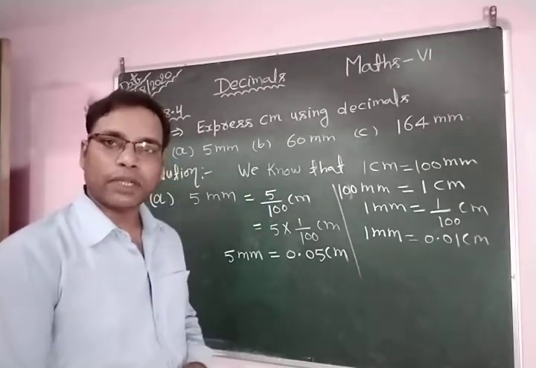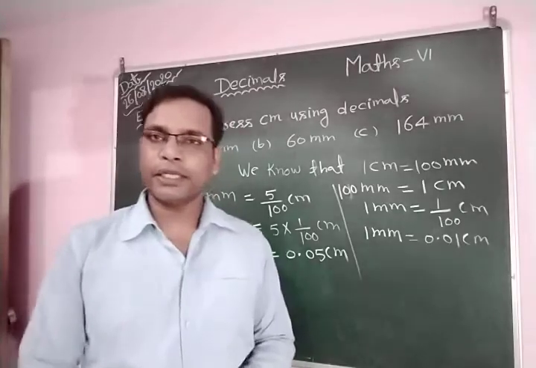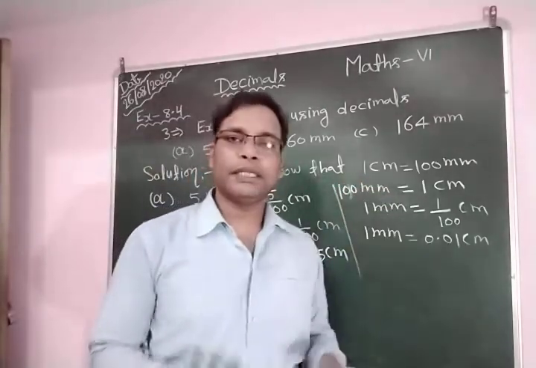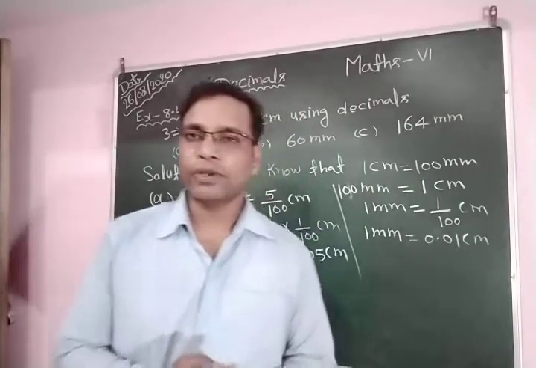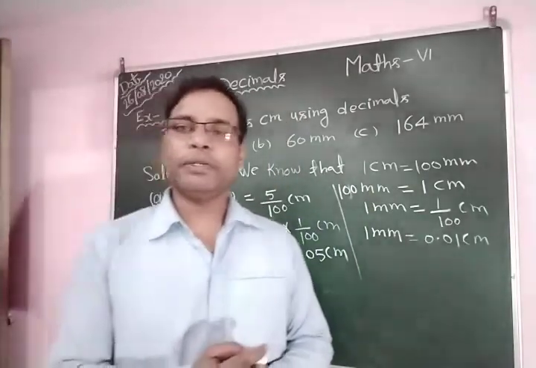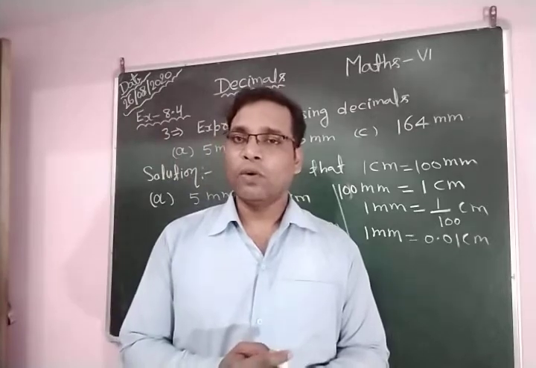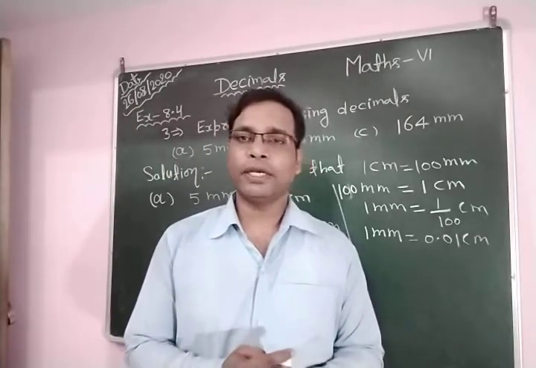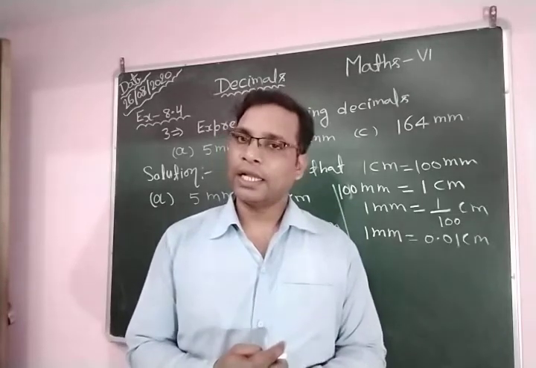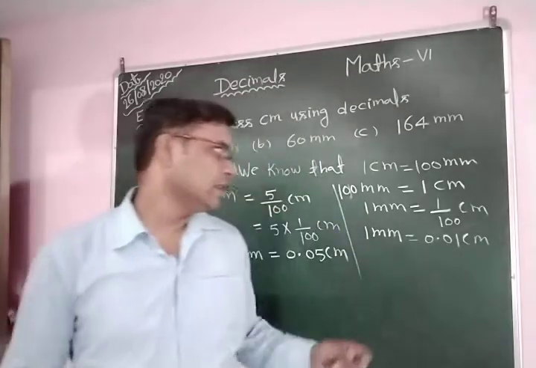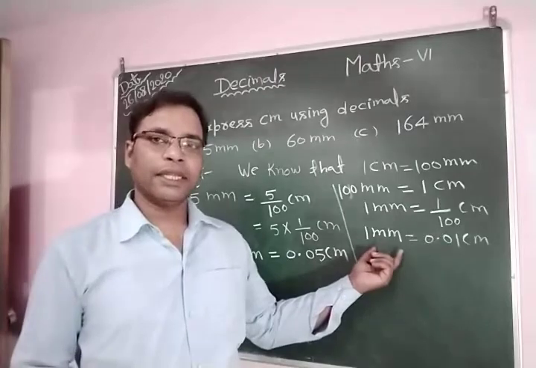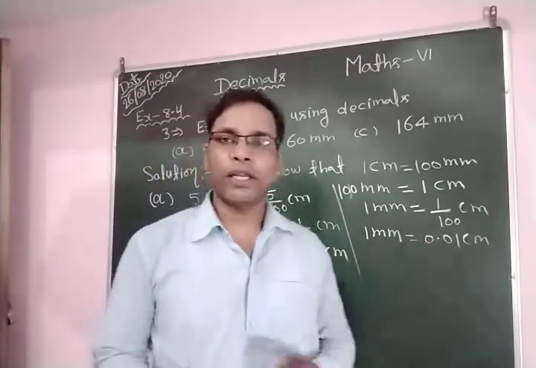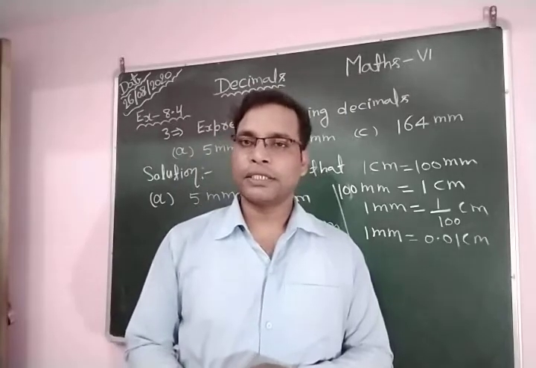Now we convert 60 millimeter into centimeter, because you know 1 centimeter is equal to 100 millimeter, or 100 millimeter is equal to 1 centimeter. Also 1 millimeter is equal to 1 by 100 centimeters, or in decimal, 1 millimeter is equal to 0.01 centimeters.